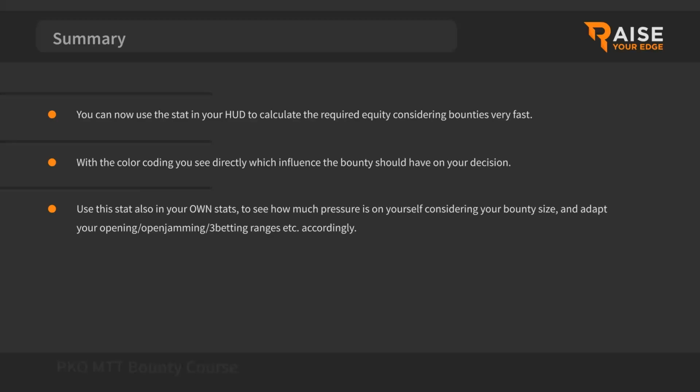Little side note, all the calculations were made for the chip EV case. And of course, ICM can and will have an influence on the equities which we calculated. So if there is a final two-table situation or a final table situation, of course ICM will have influence and will diminish your equity.